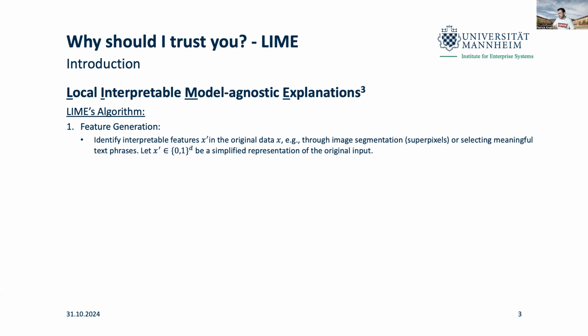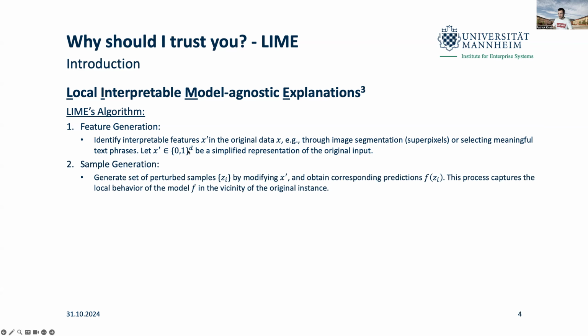This image segmentation generates our superpixels, and we use those superpixels for the explanation process. And there's also a binary array, whose length is the number of superpixels that we end up with in the end, indicating whether one superpixel is turned on or off, but that's mainly important for the sample generation.